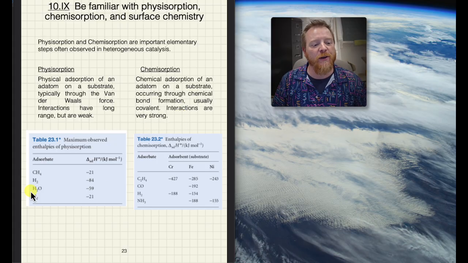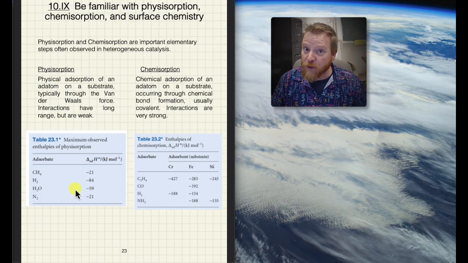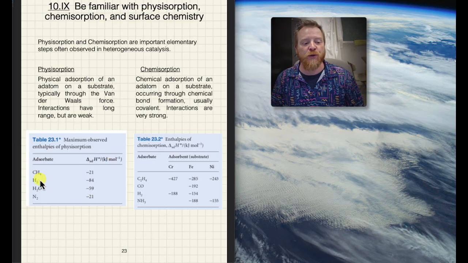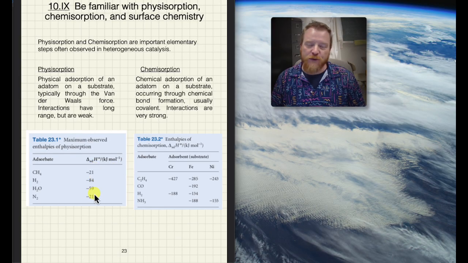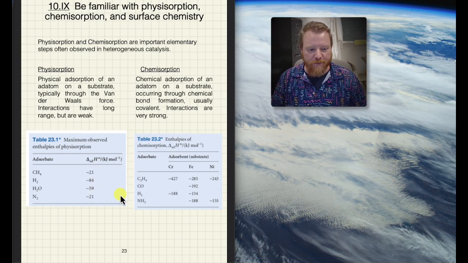So if we look at these physisorptions and their enthalpy of adsorptions right here, you can see they're all negative, so it is beneficial for these to land on a surface and adsorb. But you'll notice there's no indication as to what the surface is, and the values are on the smaller side.